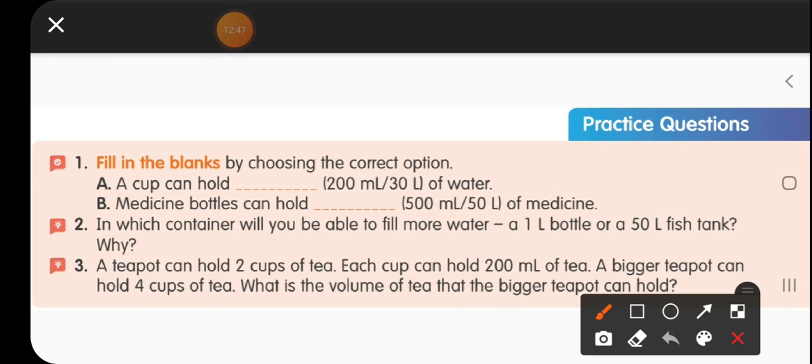Every time we talk about capacity or volume, we use measuring units, that is liters or milliliters.